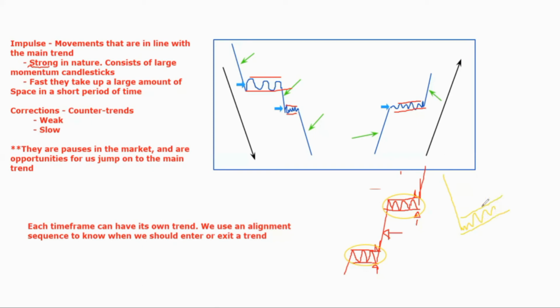But it's not large relative to the size of the movement to the downside. What normally happens is that the market does this. So these are counter trend movements, right? And these are corrections. These are still your opportunities to enter into the main trend.